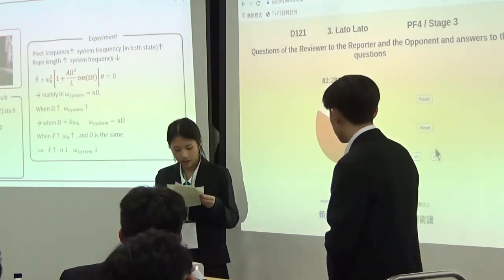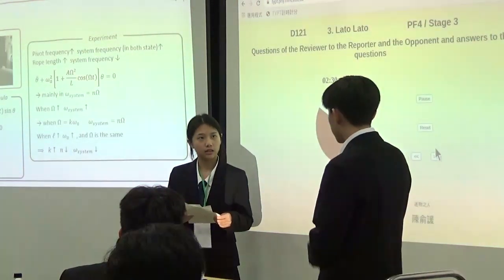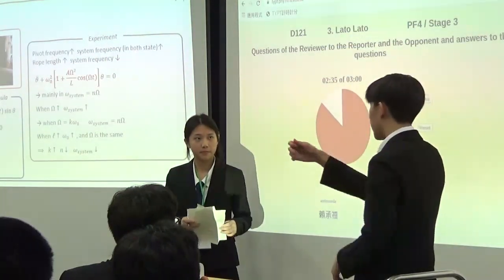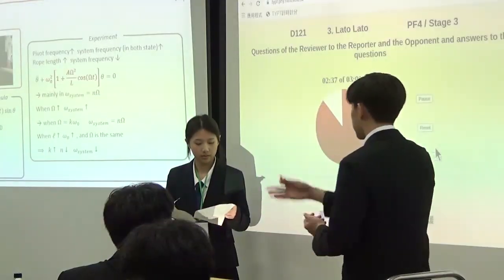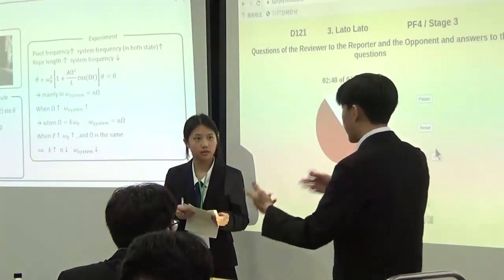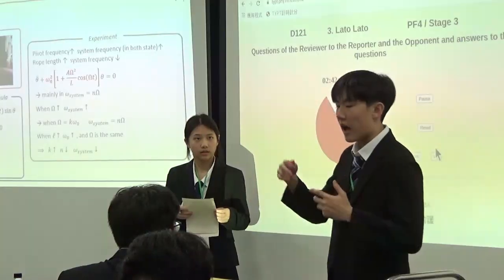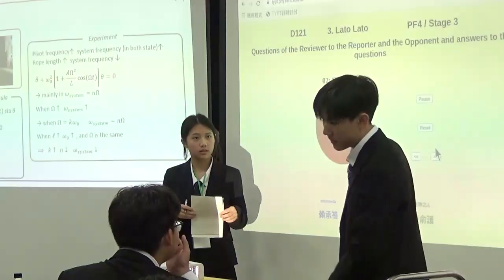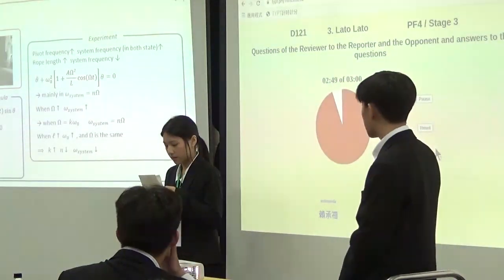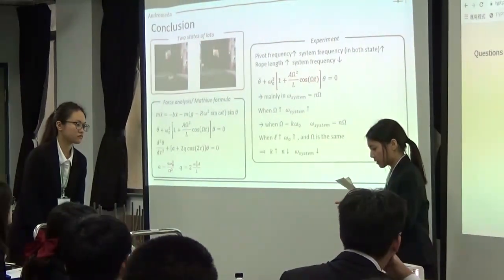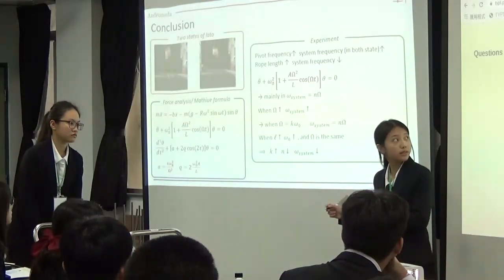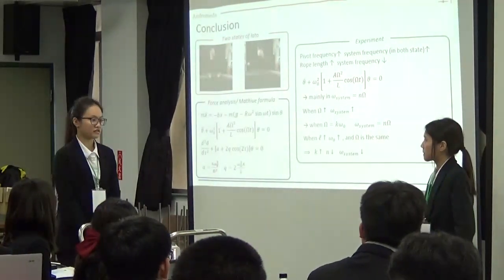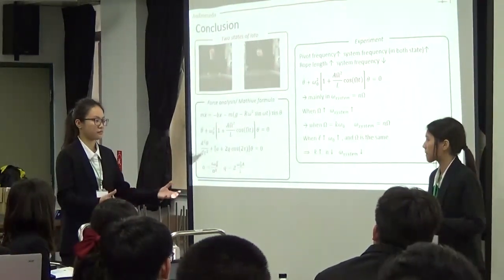And what do you think of natural frequency? Can it be calculated? Yes, the reporter mentioned the definition of natural frequency, and I think that it will be related to how the lateral will swing when it is like a pendulum. Okay, and what do you think is the difference between the experiment and the theory? I think because we use our hands, there is definitely some error, but it's not that big, so I don't think it is that important. Okay.